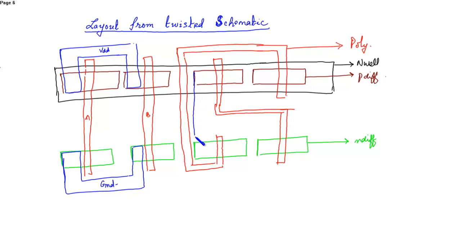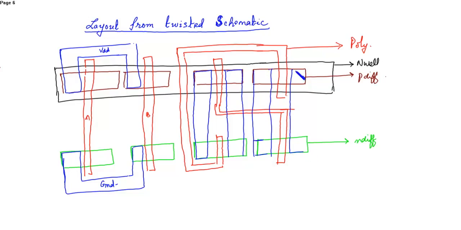Then in the transmission gate the two sources are connected and the two drains are connected. Here two drains and two sources. This is metal 1.